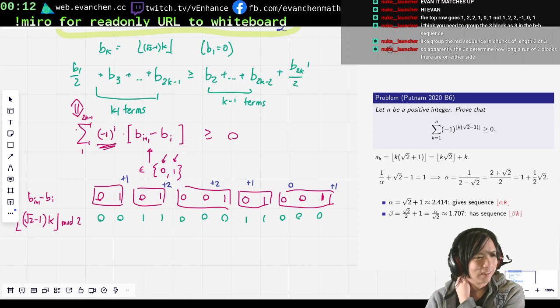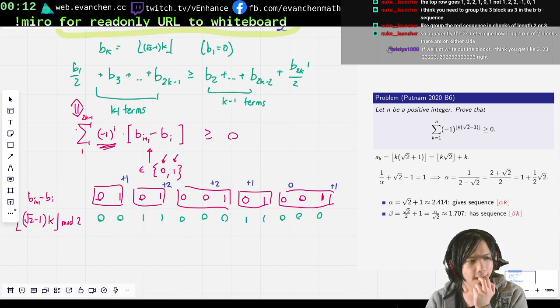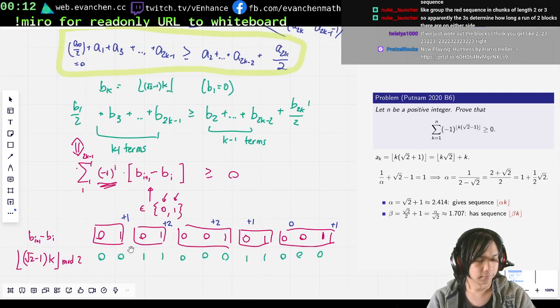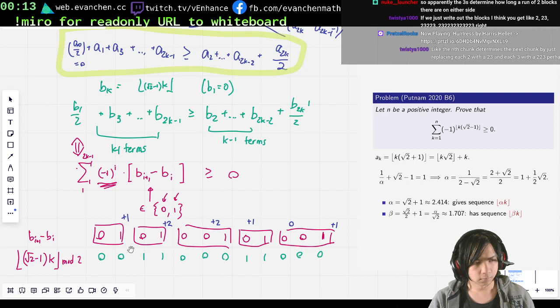It's still in the same sequence. How do I show it? Two with a 2, 3.